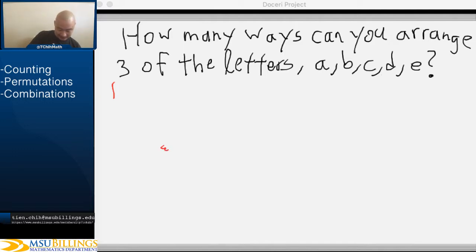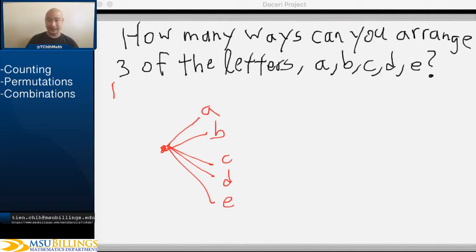I could say A, B, C, D, E, right? Those are the number of ways that I could take one letter out of my five and arrange it. There's not really any arranging to do if you only have one letter.